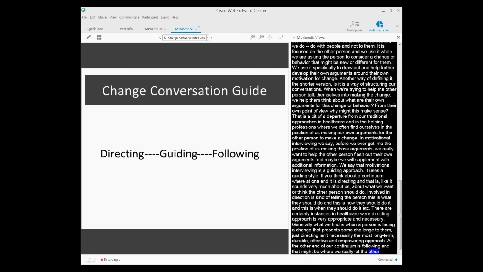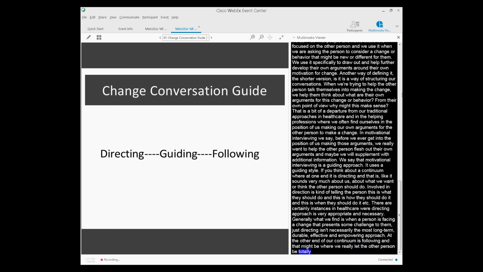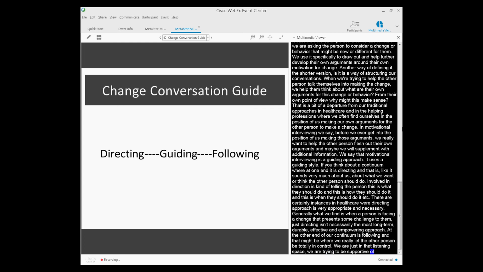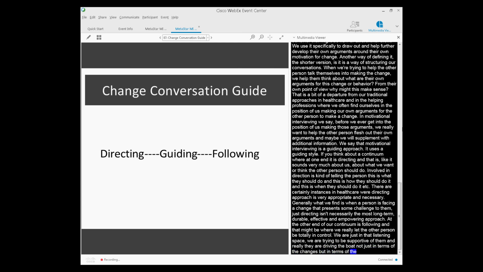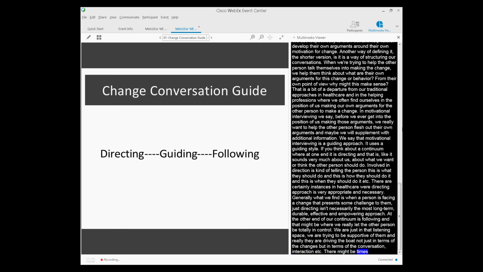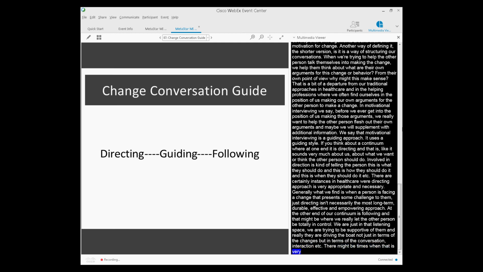So we're just in that listening space, we're trying to be supportive of them, and really they're driving the boat, not just in terms of the changes, but in terms of the conversation, in terms of our interaction, etc. There might be times when that is a very useful approach in our helping and healthcare setting.